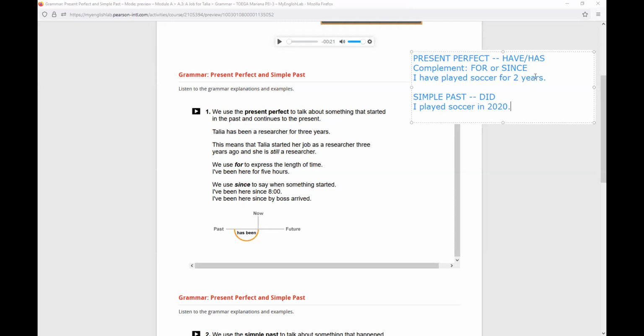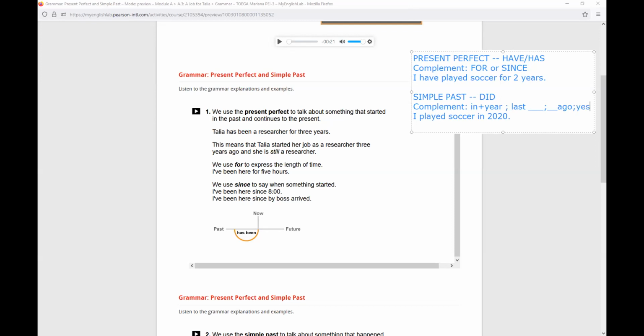Entonces, acá no sé con exactitud qué años habrán sido, pero en el complemento siempre voy a tener for or since. En simple past, the expressions in the complement, we will have in plus year, or maybe we could have the word last, expressing, for example, last month. We could use like the days or the quantity of the days. 2 days ago, for example, or maybe 1 month ago.